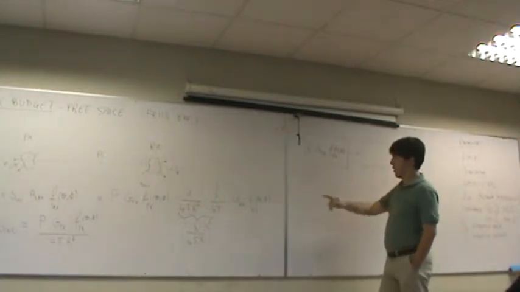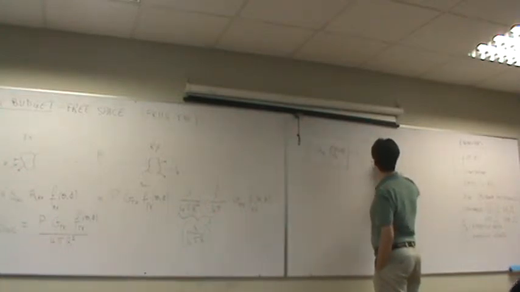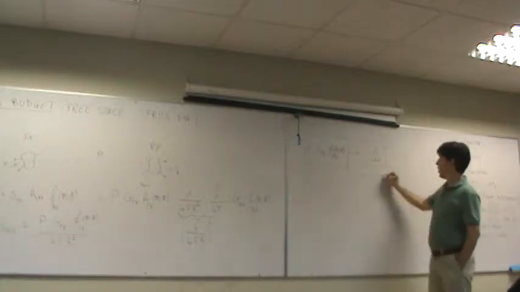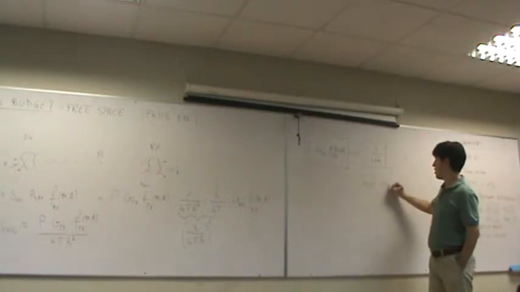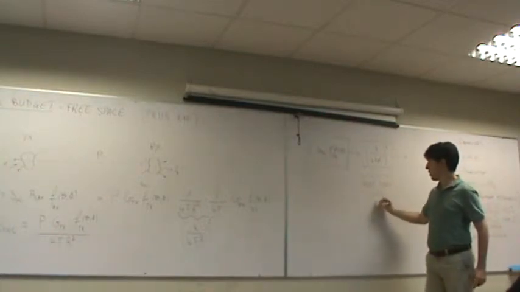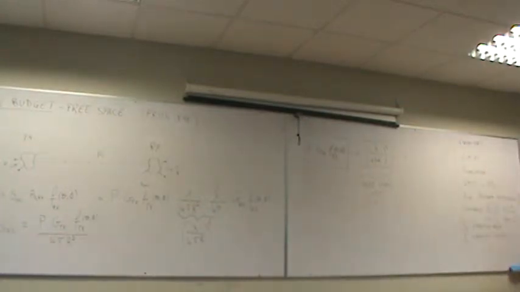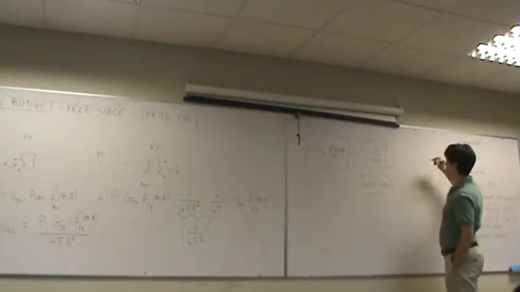Then there is this block, and this is what is called free space loss, or free space isolation. And this is a number that is much, much smaller than 1. And it mainly describes the geometrical losses due to the distance between the transmitter and the receiver.